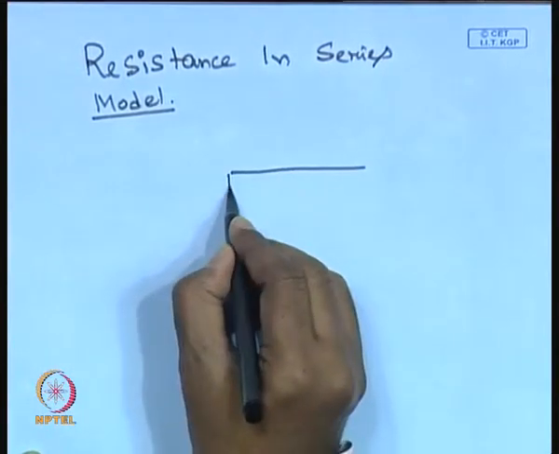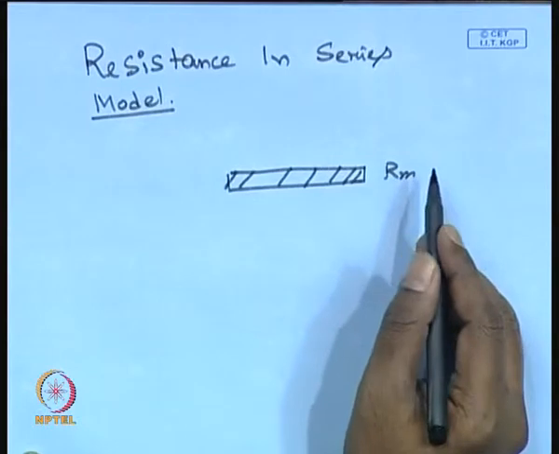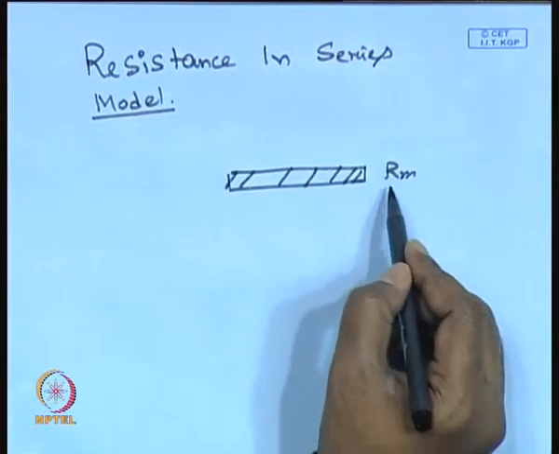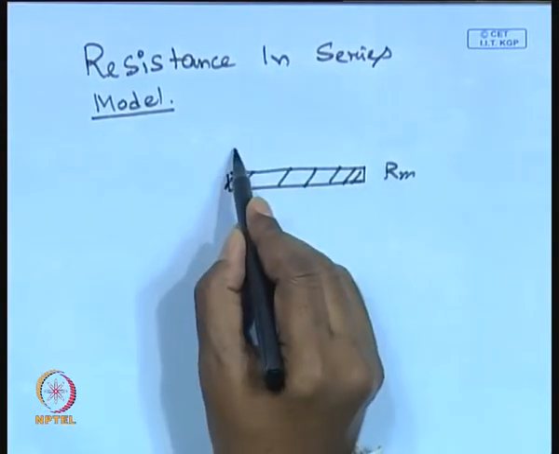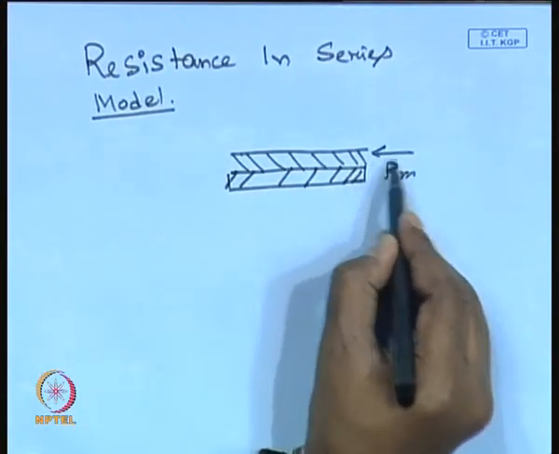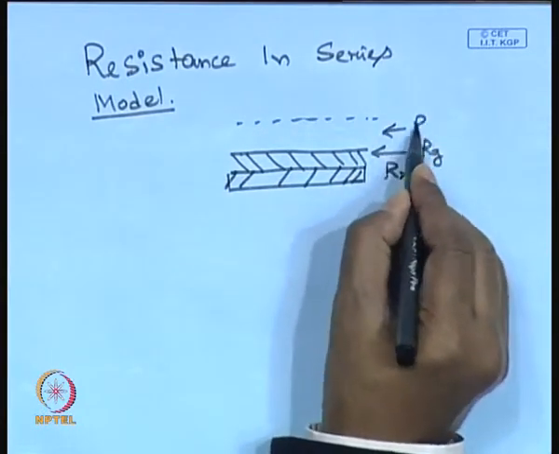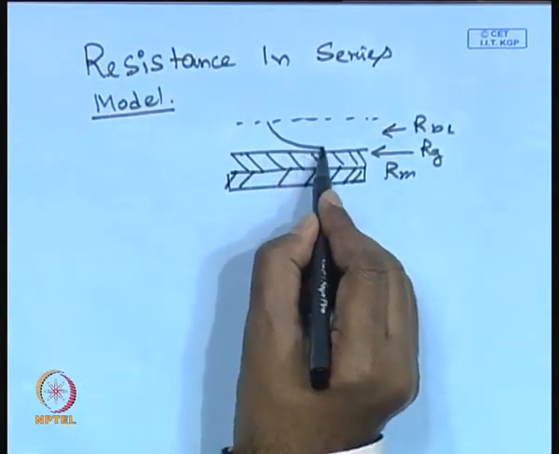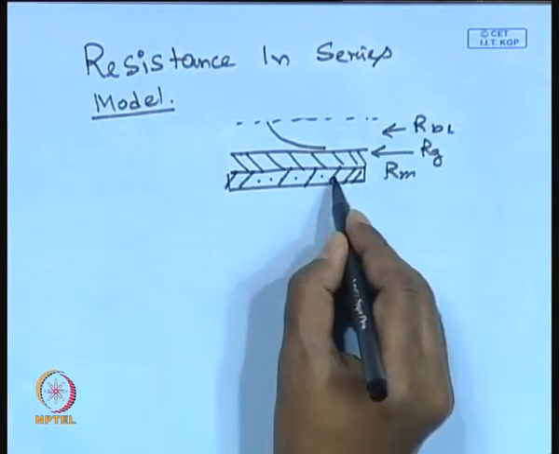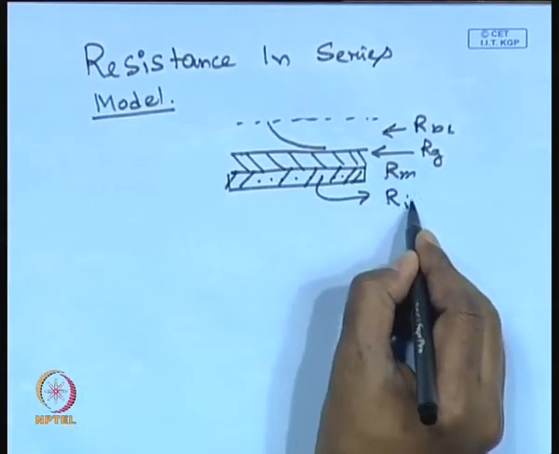For example, if you have a membrane there, the whole thing is looked at as a series circuit. There is the membrane hydraulic resistance, then you will have a gel layer type resistance. A gel layer is formed, so it is Rg, and over and above you will have a concentration boundary layer formation, and that resistance we assume as RBL. Then the pores may be blocked, and you will have irreversible fouling. That irreversible fouling resistance is known as R irreversible.